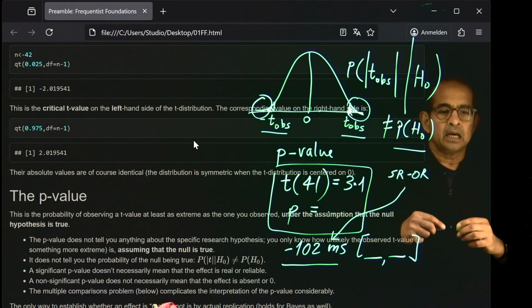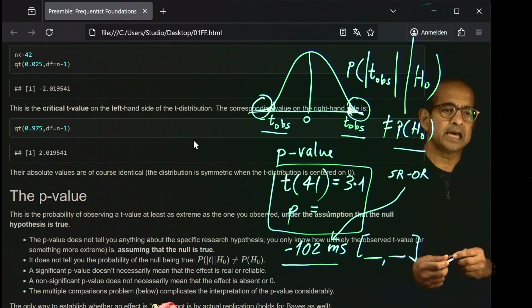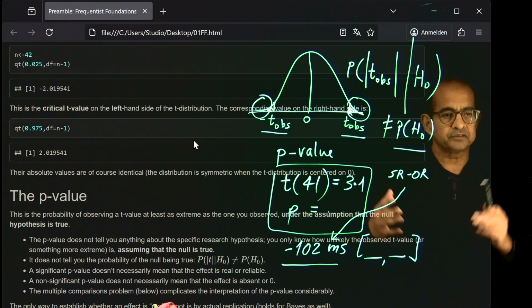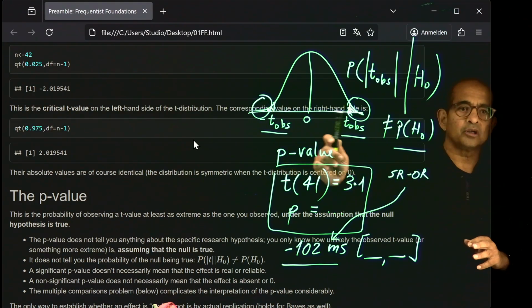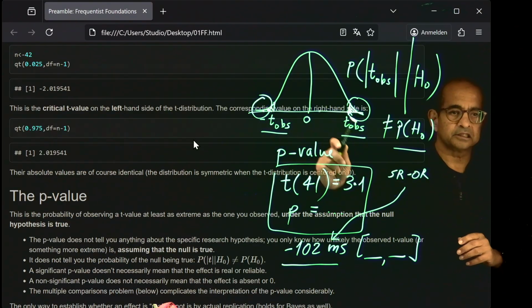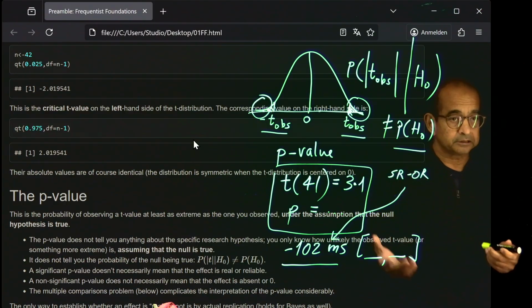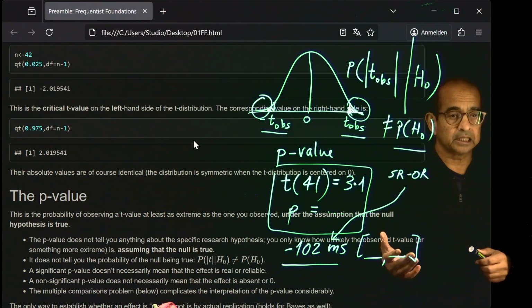Okay? Another important thing to remember about the p-value is that if you get a p-value that is larger than 0.05, that means your observed t-value lands within the non-rejection region, right? It lands inside the critical t-values. In that situation, in general, you cannot argue that you have evidence for the null hypothesis.